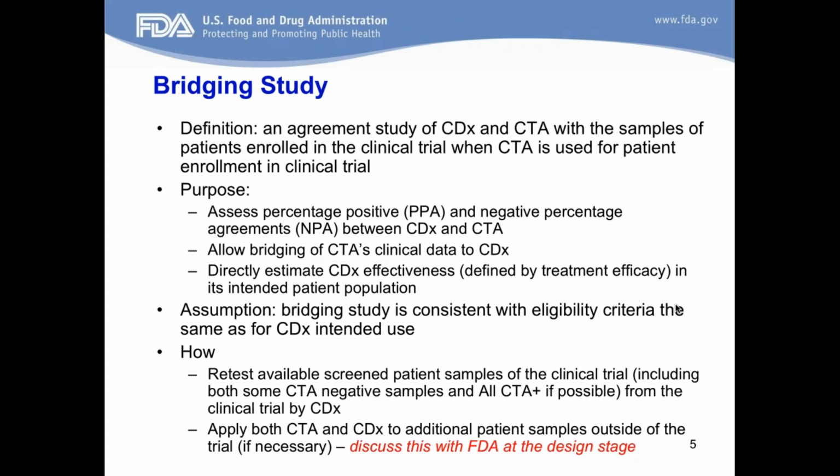Most importantly, it allows us to directly estimate CDx effectiveness, defined by treatment efficacy in its intended patient population. So again, the assumption is that the bridging study is consistent with the eligibility criteria, the same as for the CDx intended user population. I already mentioned earlier the CTA and CDx enrollment criteria. It's the same thing here.